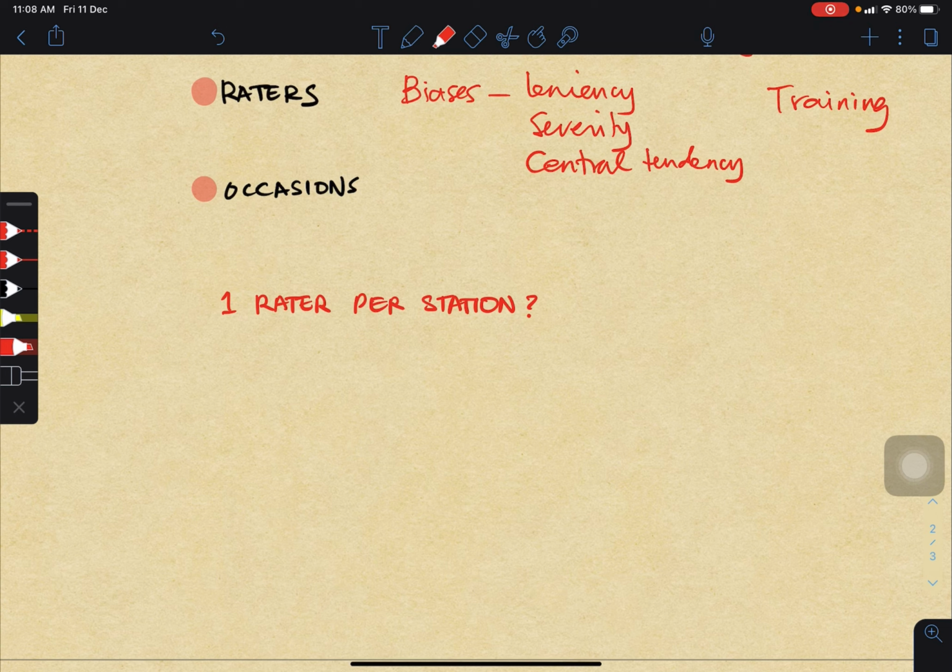If the OSCE is done on just one day in one location, then perhaps this is negligible, because all students are sitting in the same hall.